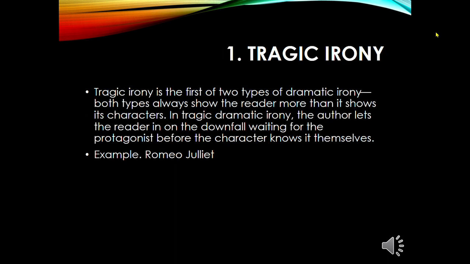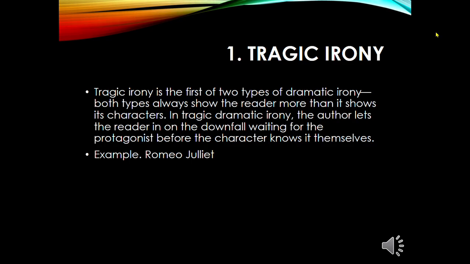So let's see all these types in detail. First one is tragic irony. As you know, tragedy is the downfall from a higher level to a lower level. Tragic irony is the first of the two types of dramatic irony, the first being tragic and the second being comic.